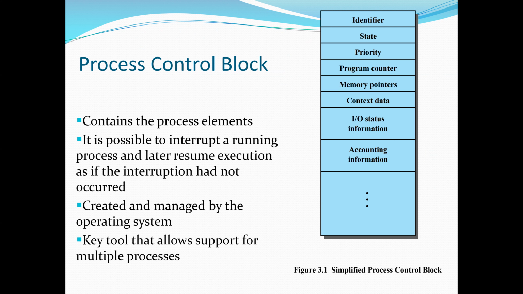So the process control block is the key tool that enables the operating system to support multiple processes and also to provide for multiprocessing. Now, when a process is interrupted, the current values of the program counter and the processor registers, which is the context data, are saved in appropriate fields of the corresponding process control block.